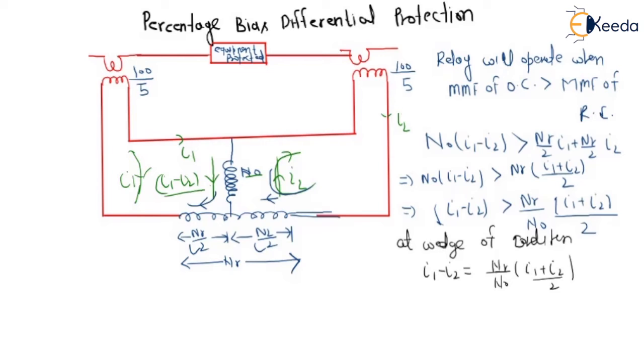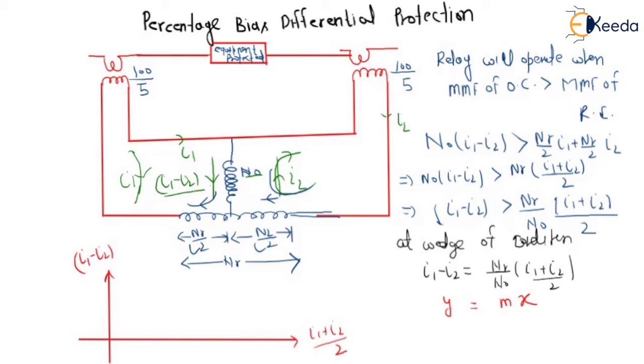We can understand this concept by taking y equal to mx. Let us assume this is y and this is m into x. If we draw the relation between I1 minus I2 and I1 plus I2 by 2, we can easily see that this is a straight line passing through the origin, and this will be our m.